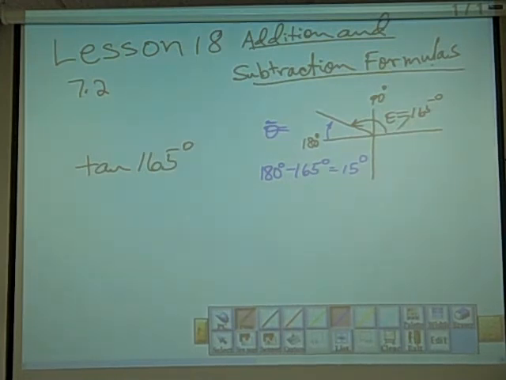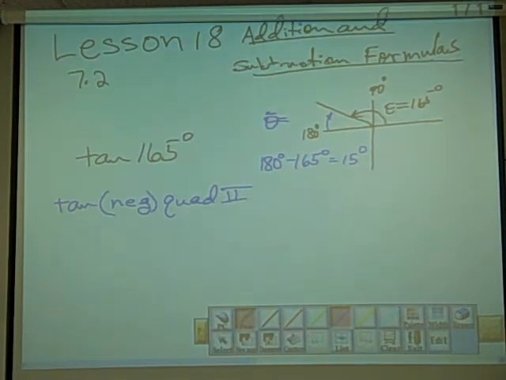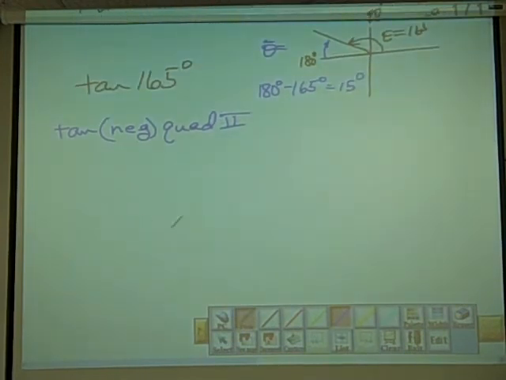And tangent is negative in quadrant 2. So we want to note that. Tangent is negative in quadrant 2. So that means we have to use a minus tangent of 15 degrees.